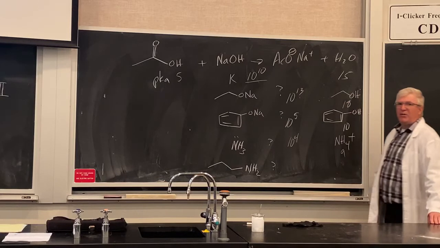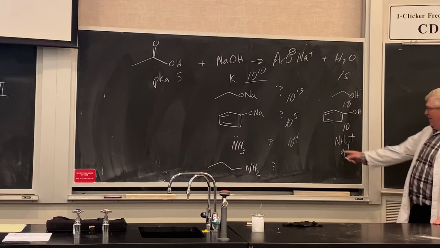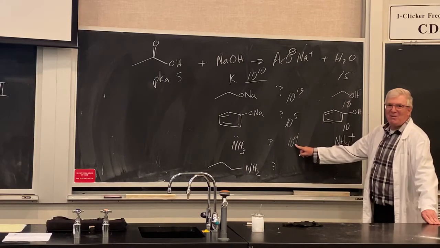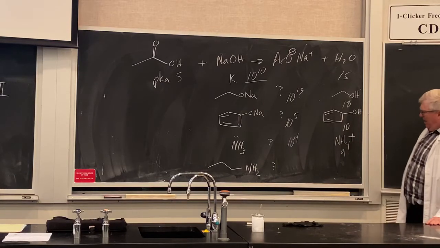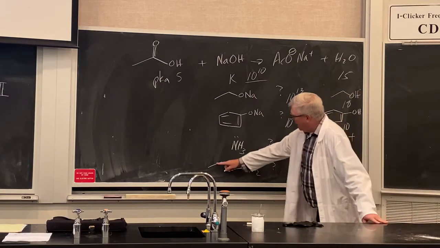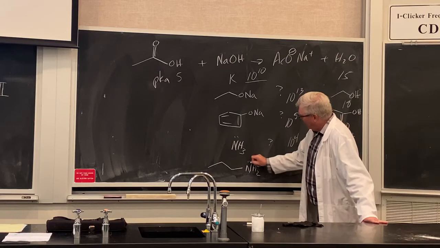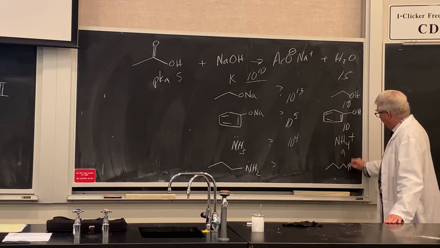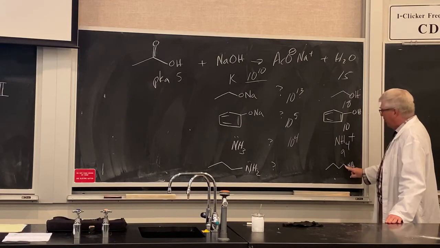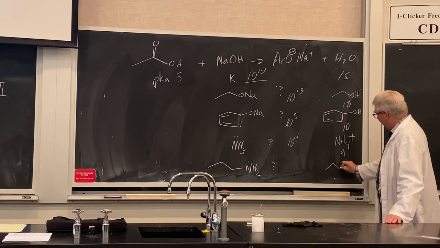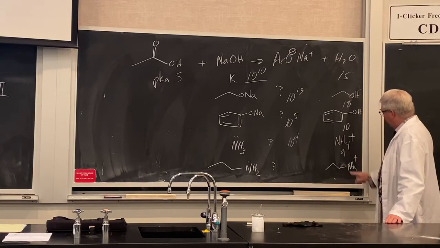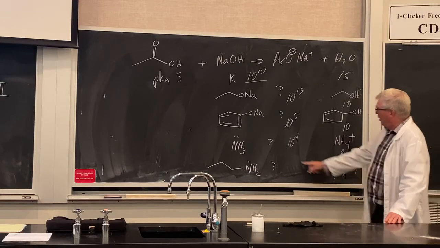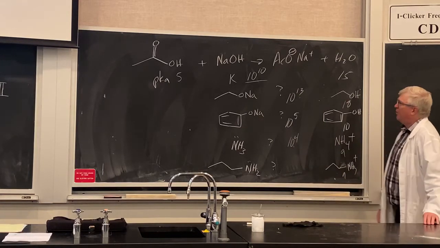So not as favored, but certainly a very high equilibrium constant. And here's a primary amine. We've got a propyl group on the amine. It still has a lone pair there, and our byproduct will be this propyl ammonium, with a plus charge, and it's also about 9. So it'll also be about 10 to the 4th power there.